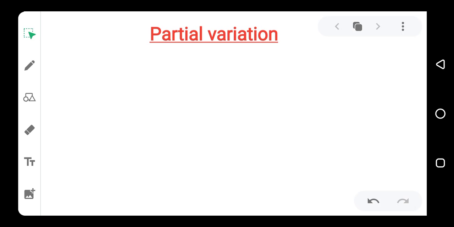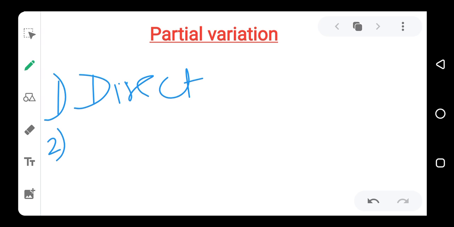In indirect variation or inverse variation, we said that when one of the quantities increases, the second one decreases.